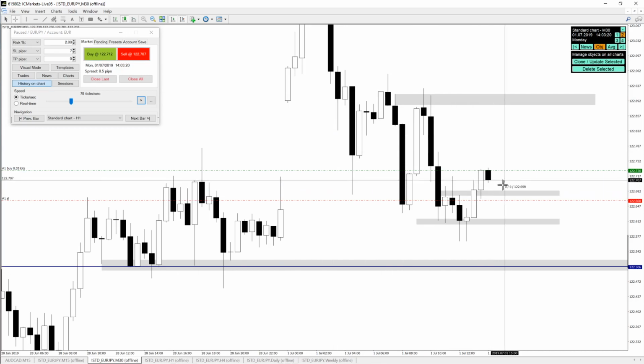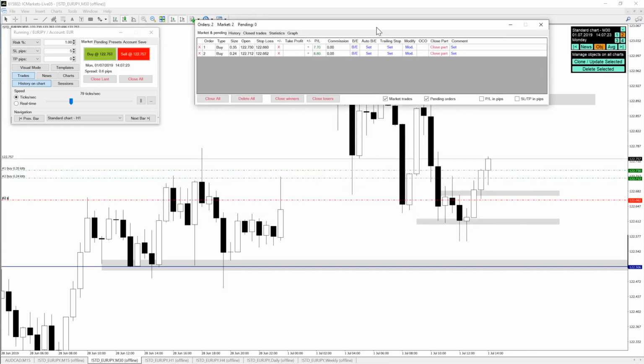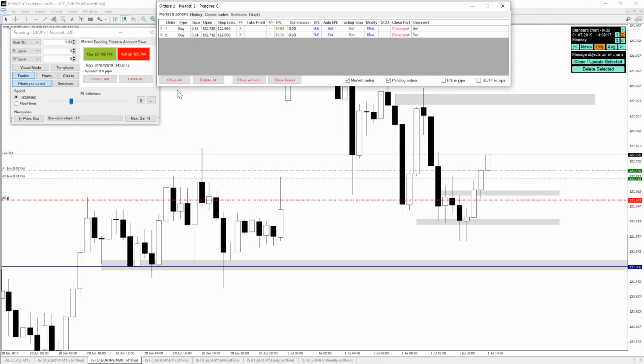Now you can say, okay, I can enter another 1%, keeping my stop loss at 5 pips, that's below the 30-minute candle. And now basically I've effectively added my full 3% risk on this trade. So if price hits stop loss, you're going to lose 3%, because you've added a position there.